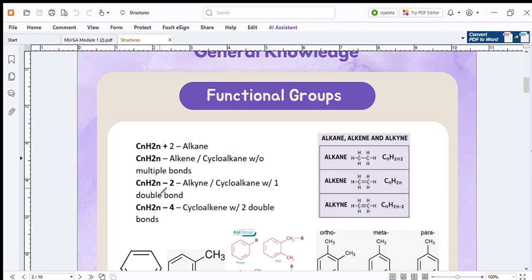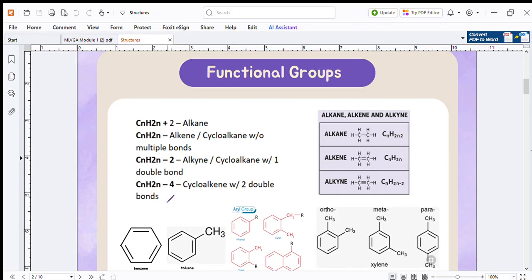Ganun po yung formula niya. And for the cycloalkane or cycloalkene with two double bonds, CnH2n. So for example, pag tatlo po ang carbons natin, C3 magiging po siya C3H2.